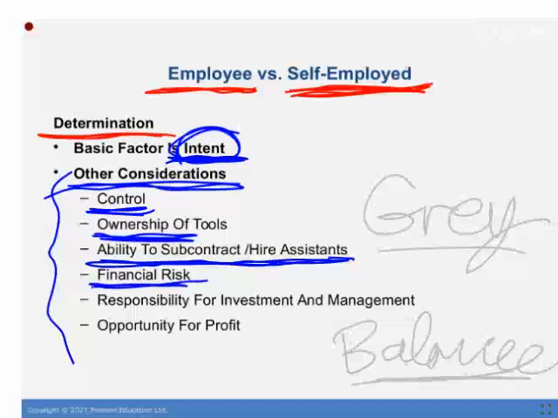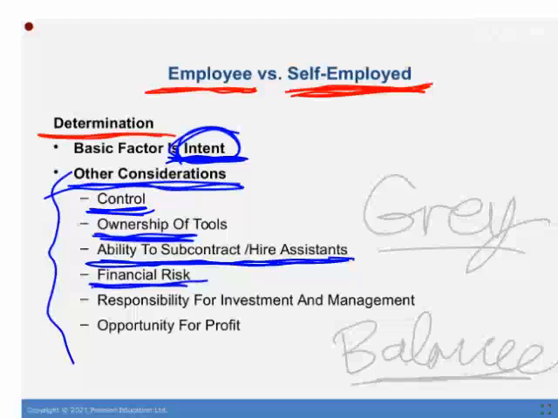The next one on the list is financial risk. So normally speaking, when you're an employee for a company, you're not taking any financial risk, right? Whereas a self-employed person can incur losses, right? We were talking about those business losses and things.